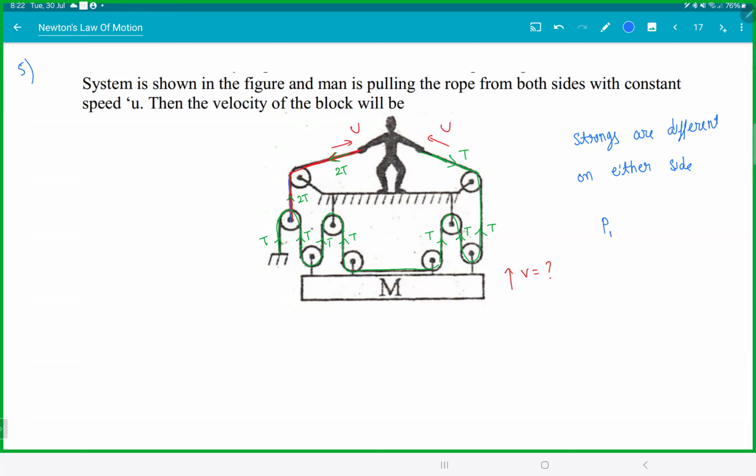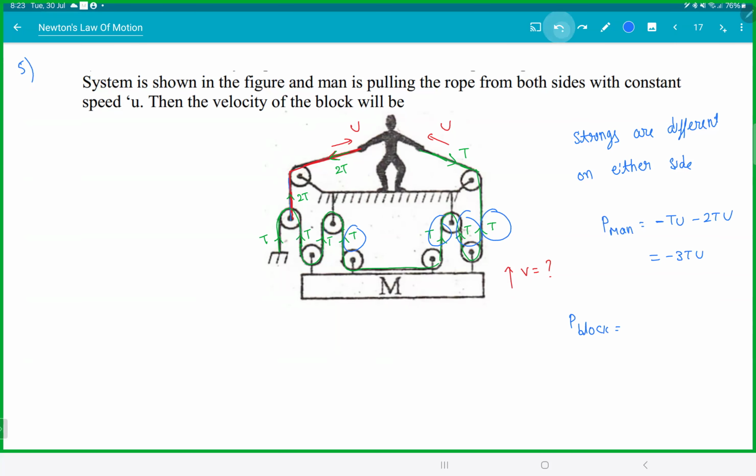If you look at the power on the man, the tensions and velocities are opposite. So minus TU, minus 2TU, minus 3TU. The power on the block: there are 6 tensions here. 1, 2, 3, 4, 5, 6. No, you don't count this. 6 tensions are pulling up.